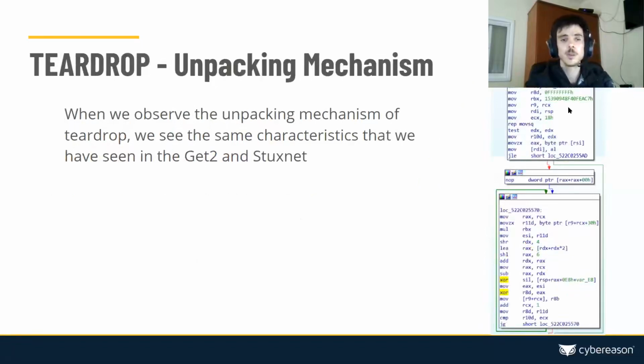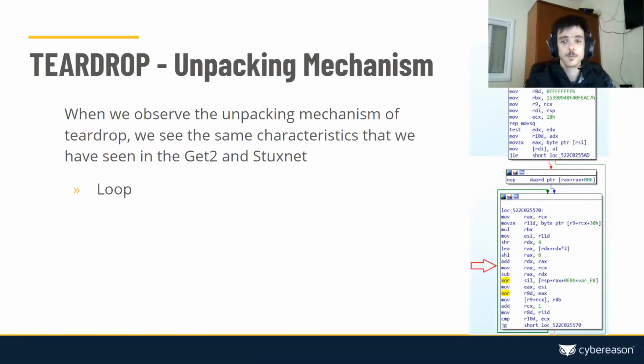So if we look at this decrypting function of the Teardrop malware, first of all, obviously it's a 64-bit malware. We can see it because of the registers RCX and so on. But we can see that it shares a lot of the similarities that we have already seen.